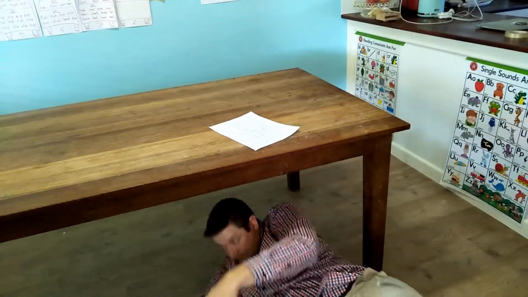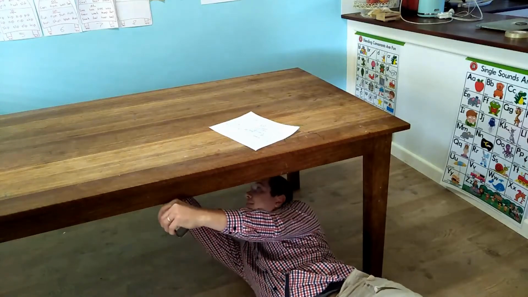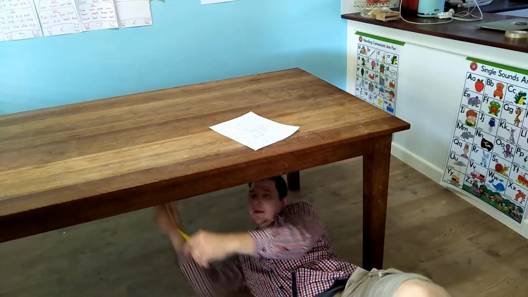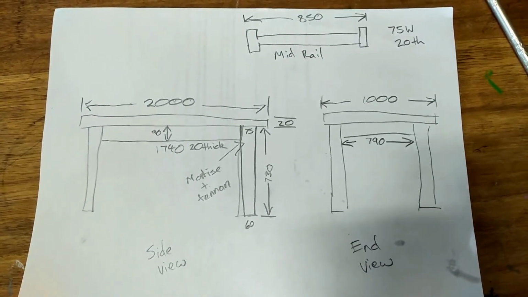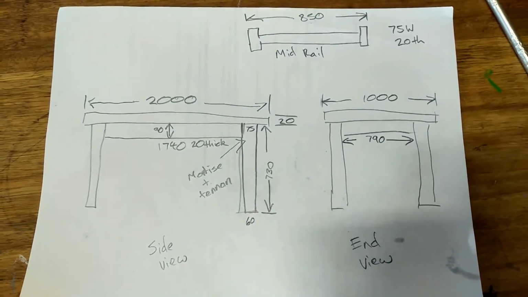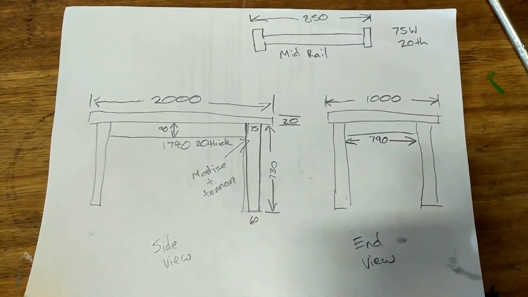So I'm going to lie down underneath now and measure the distance between each one. And it's 850, so I can write that down on my page too. Okay, so these are now all my measurements that I need to go and recreate this on the CAD software.